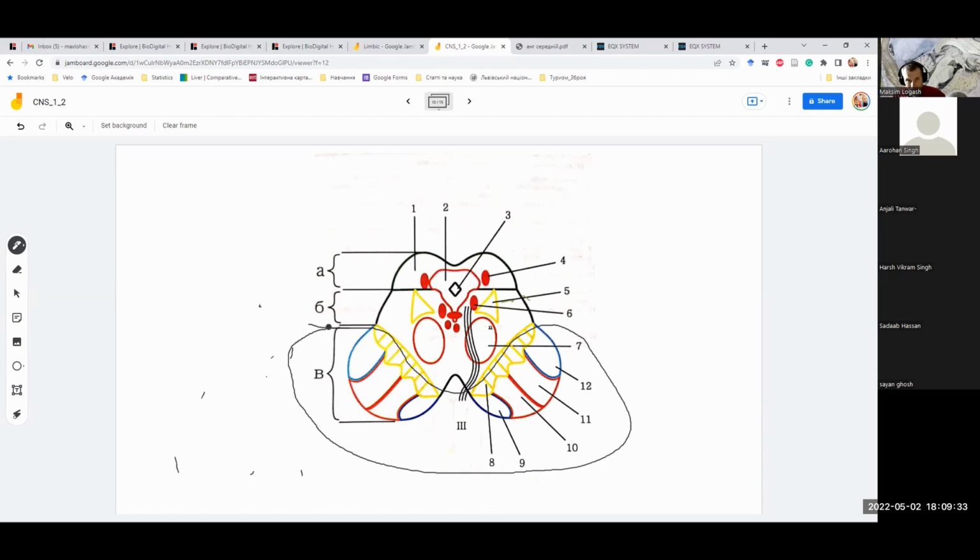And next we have the tegmentum, and after that we have the tectum. The border between the peduncle and tegmentum is the substantia nigra.